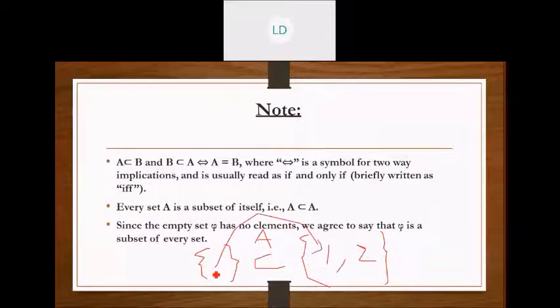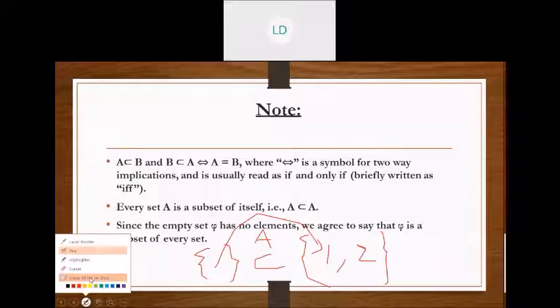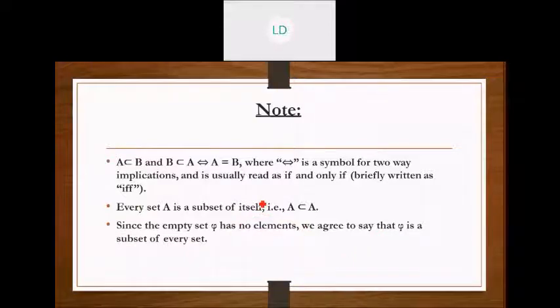Because in this also there is nothing, in this also there was nothing. Then we filled 1 and 2. So the important fact to remember: every set is a subset of itself, and the empty set is a subset of every set. So the empty set is there in everything. So nothing is there in everything. Nothing you can find in everything. Okay, so that is the note.